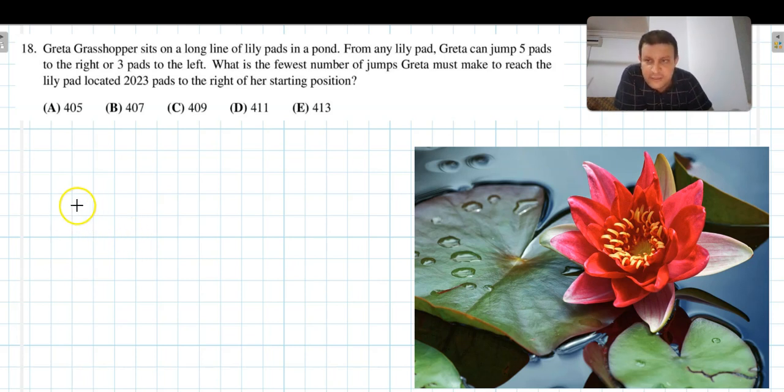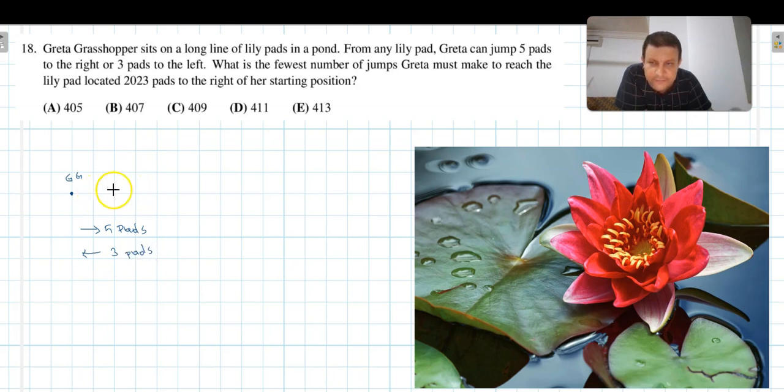Okay, so let's assume that this is the starting point of Greta grasshopper. Every time she can jump 5 pads to the right, or she can go 3 pads to the left.